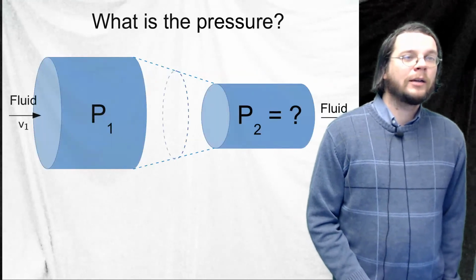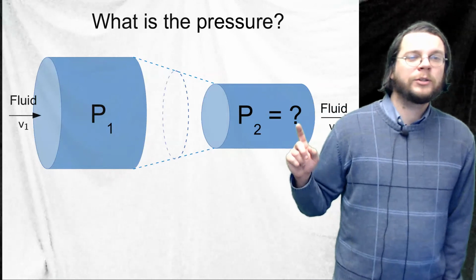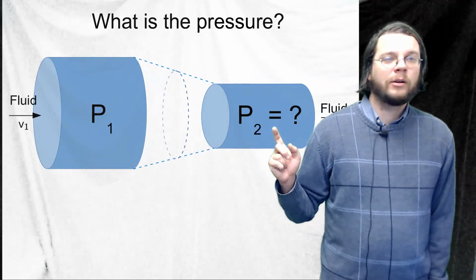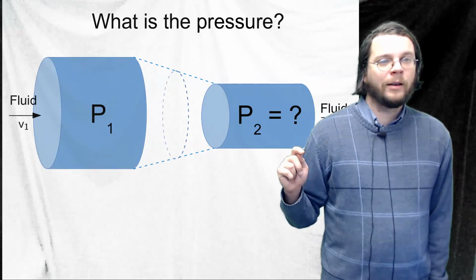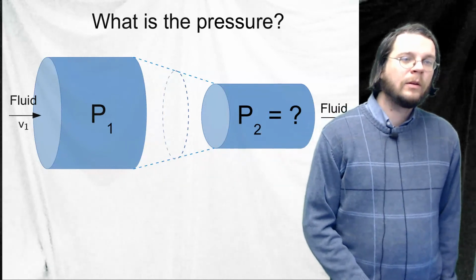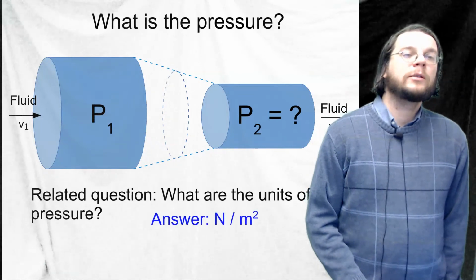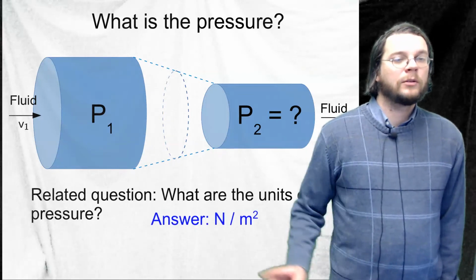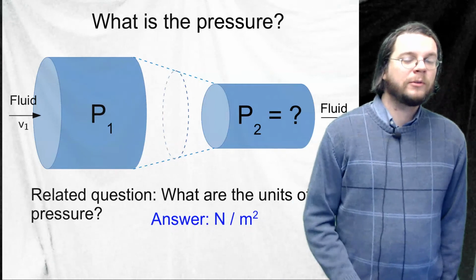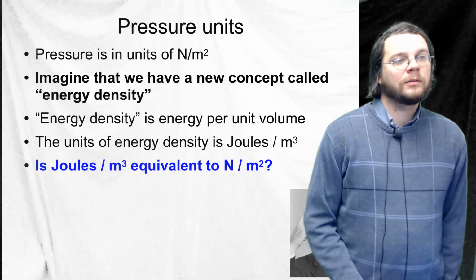And a related question to this is, what is the pressure inside of this part of the pipe? And how does it relate to this pressure here? Well, a related question that may help us is, what are the units of pressure? So far we've been talking about pressure in terms of newtons per meter squared, but think about this for a second.